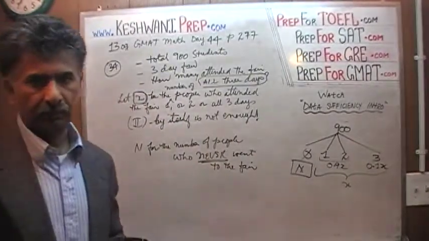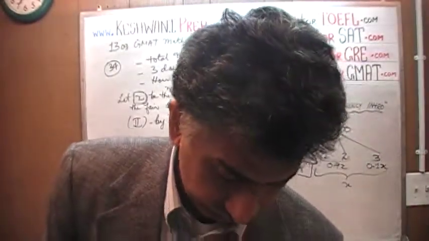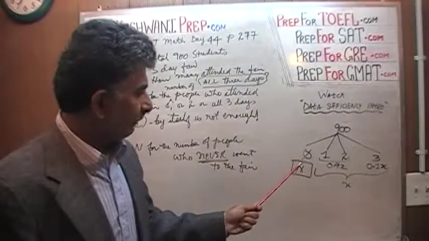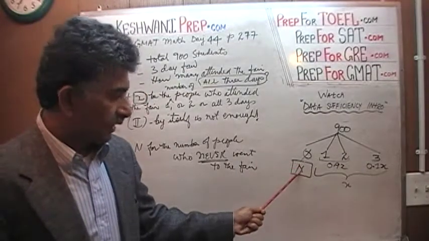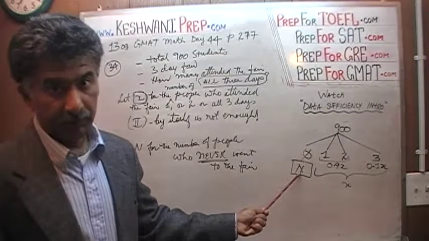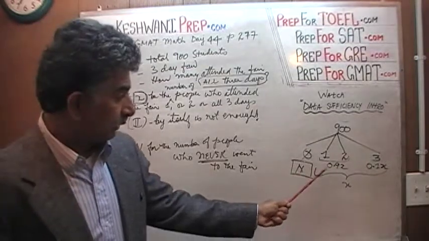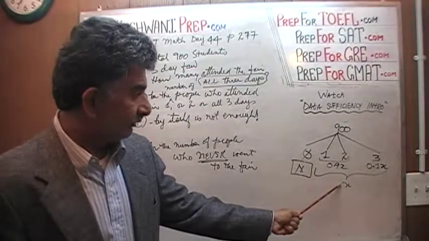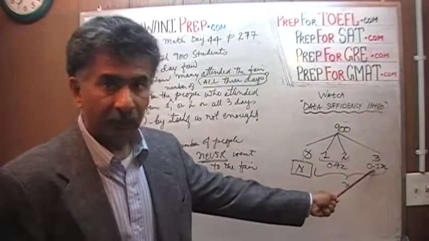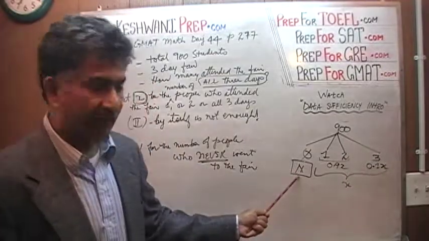They did not go at all. Now, if somebody were to tell us, for example, that 100 people out of 900 never went to the fair at all, then we would know that 800 people went to the fair at least one day. We will know the X. Once we know the X, we can figure out the 0.1x. It's a very simple two-step process. We have to know this.